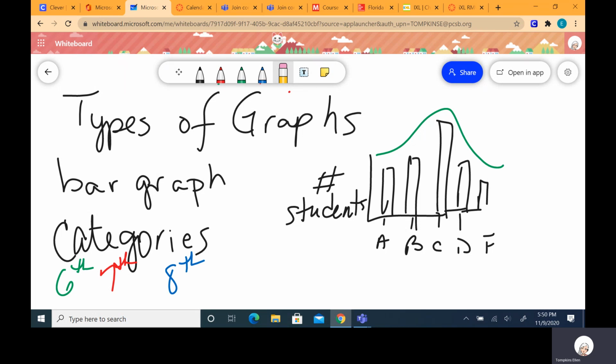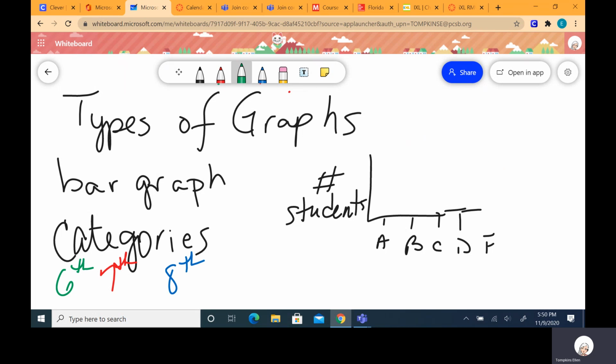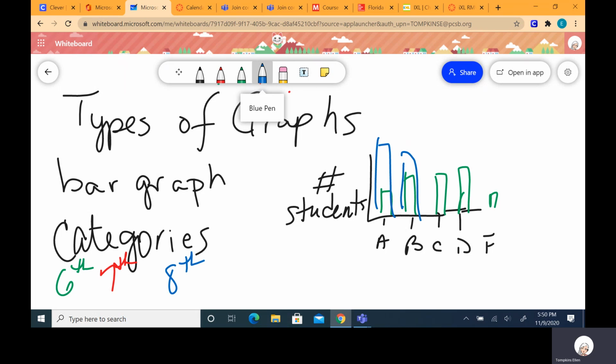So if I did that, I have a key over there in the color, as you saw. So 6th graders going like this. 7th graders, because we're smart. Well, you know what? Not that smart, because I drew the bar right on top of it, and I shouldn't have.